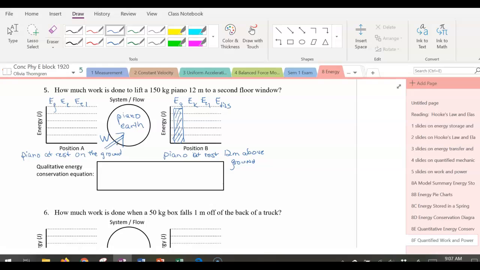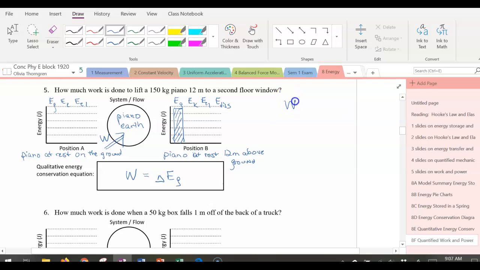That force did work and transferred energy into the piano's system. And so our conservation equation becomes: the work that was done on the piano equals the change in the gravitational potential energy. The problem is asking us to calculate how much work there was.